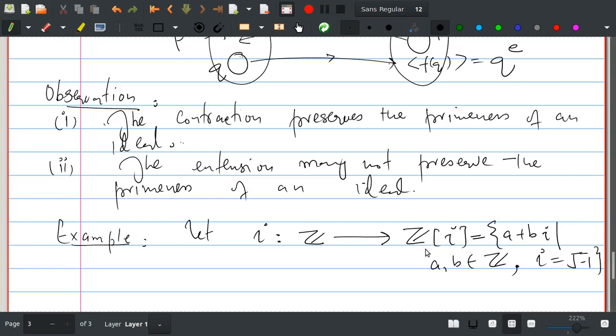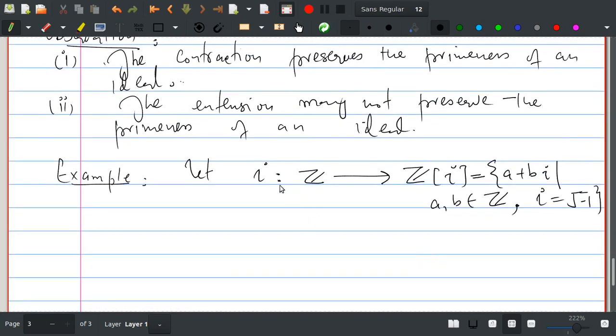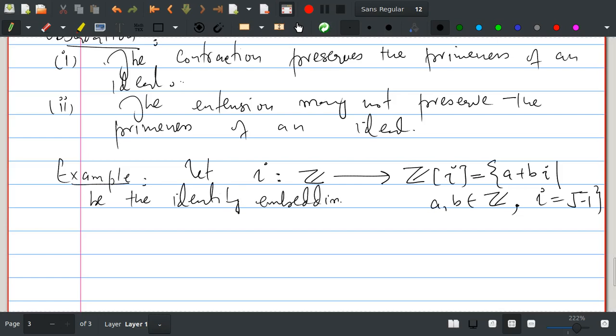So this is called the ring of Gaussian integers. We'll let this i be the identity embedding.